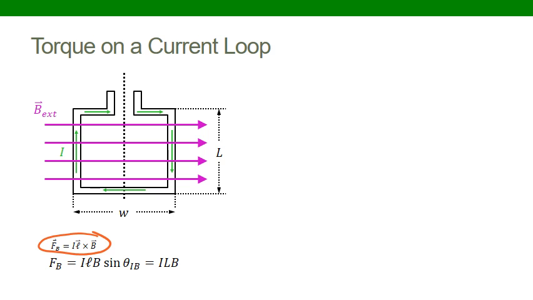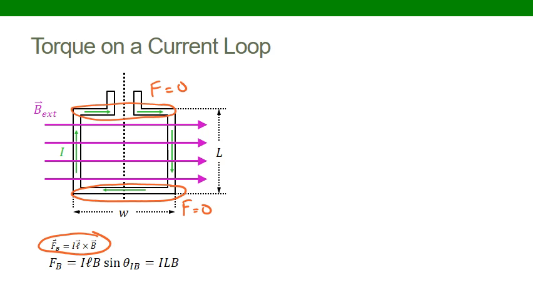And if I look at this cross product, what's interesting is that if my current points in the direction of my magnetic field, then the force on this piece of my current is 0. And if I look at this portion where the current is opposite the direction of the field, anti-parallel to the field, then once again, the force on this portion of my loop is 0.